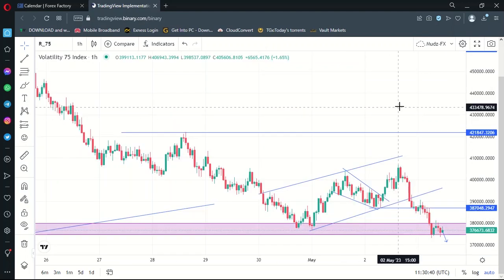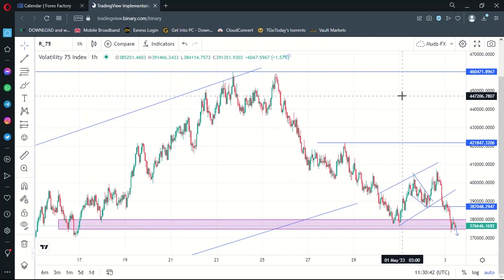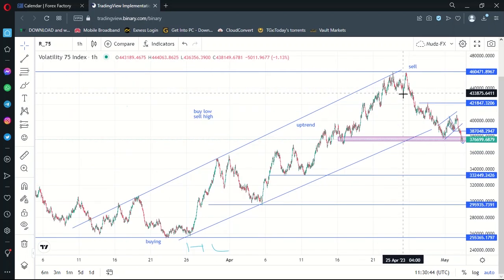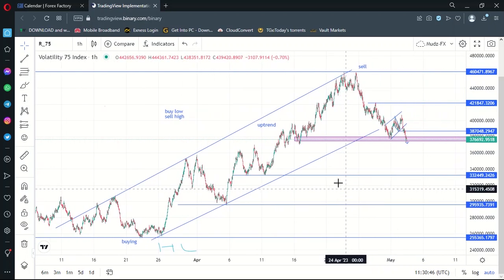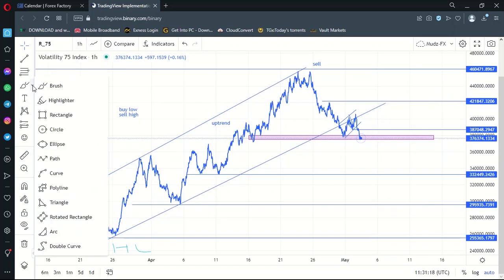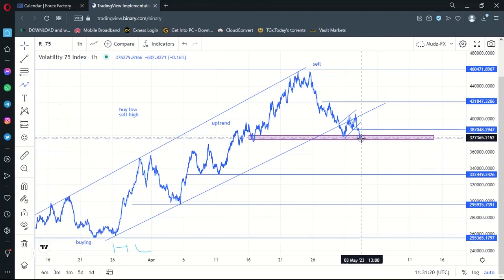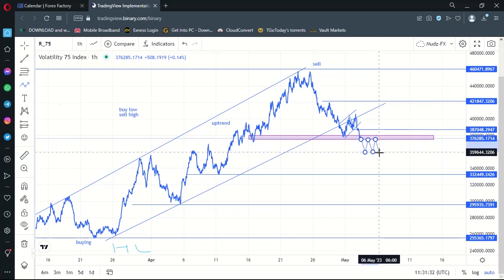Okay, so let's go back to our 1 hour time frame. If it manages to break the support, we might see it retesting and making a correction until it finally finds an impulse move.